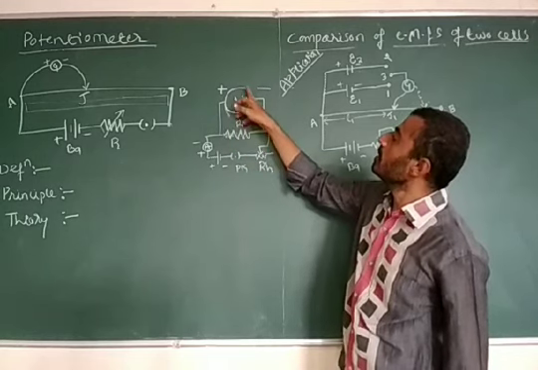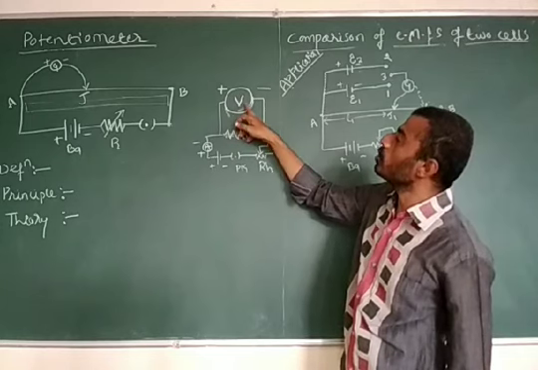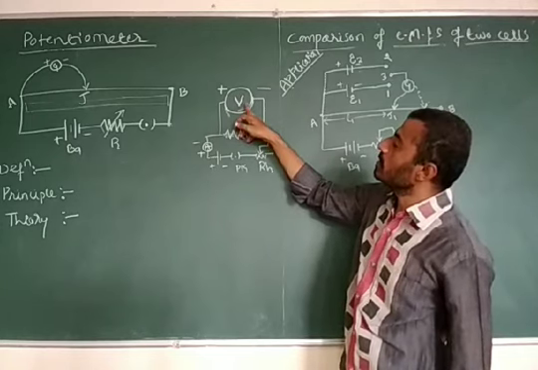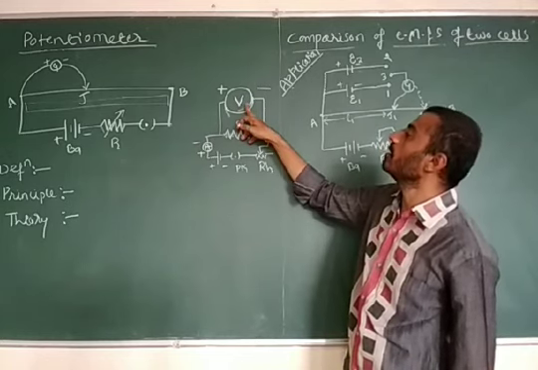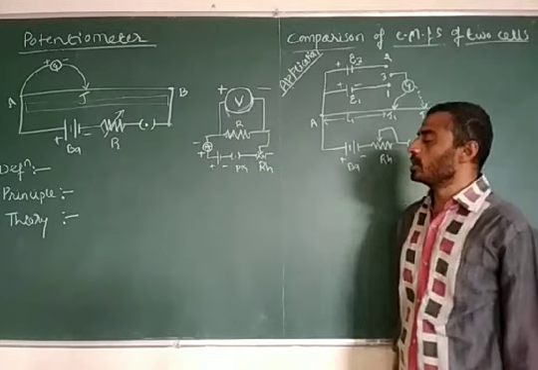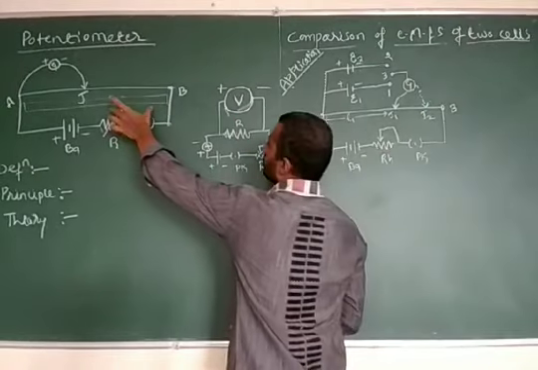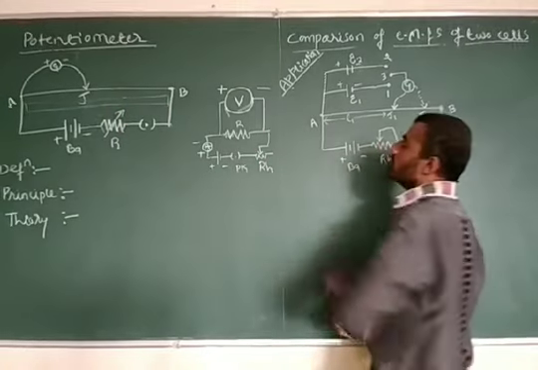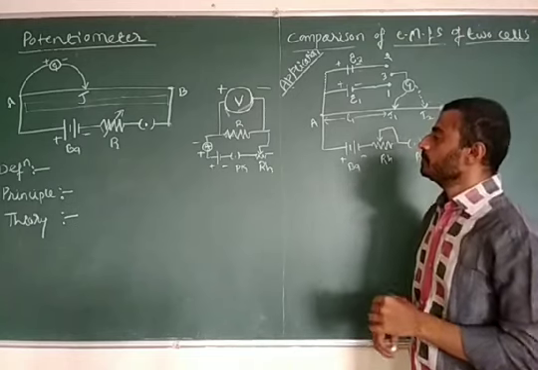Here you can see a circle with a V. This is the voltmeter, which is also an instrument used to measure the EMF of a cell, or the potential difference between two points. The potentiometer is also used for the same purpose. The voltmeter is also used for the same purpose, but still there is a difference.